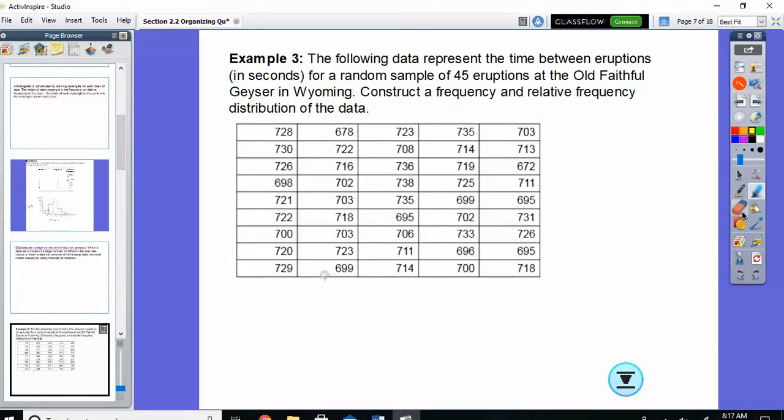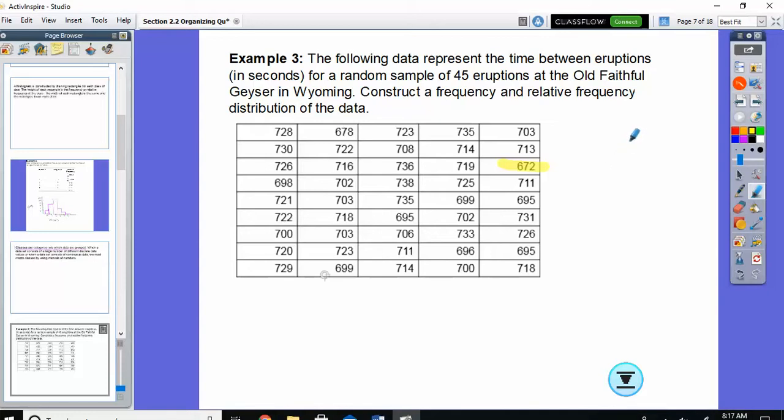So my lowest, here's a 690. 672. 72. Yeah, it's kind of annoying when you have a huge set of data, isn't it?